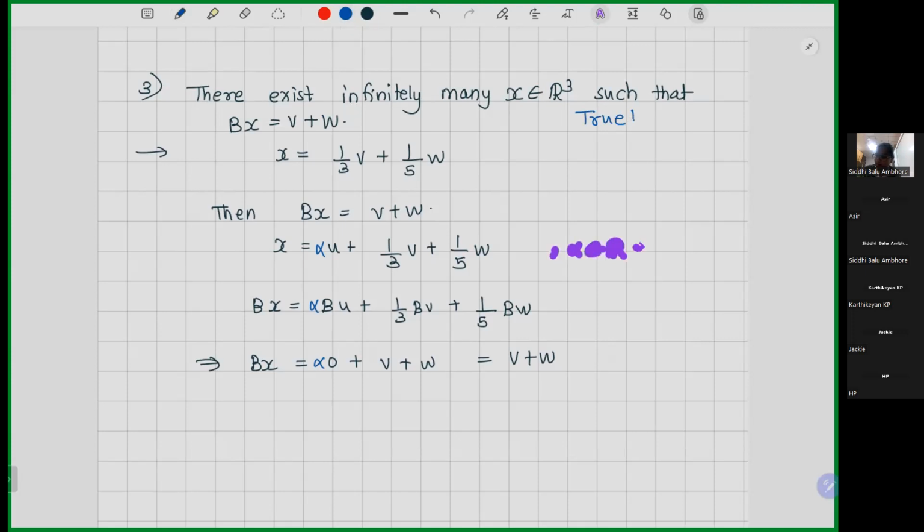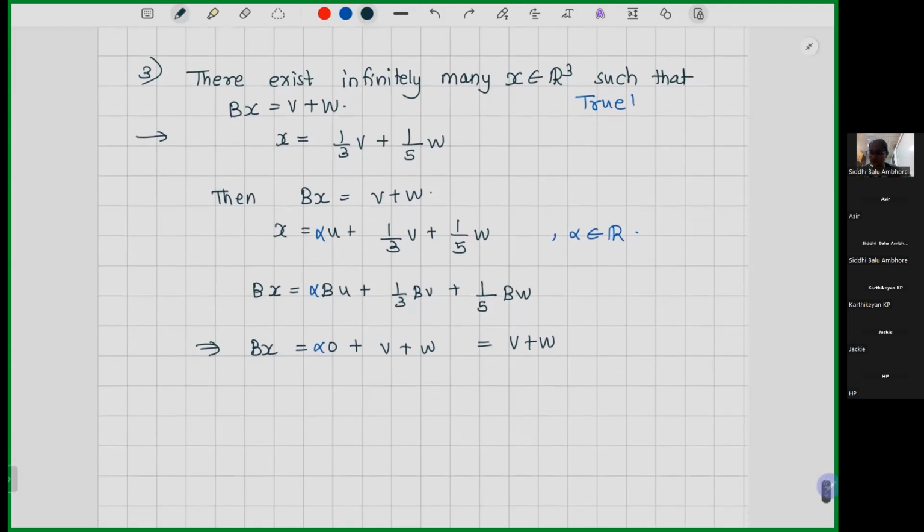Any doubts that I'm taking alpha u because u is such that Bu is 0 and u is non-zero? So I can take multiples, and alpha u will still map to 0 because it will be alpha times Bu, but Bu is 0, so alpha times 0 is 0. If there are any doubts, please let me know.